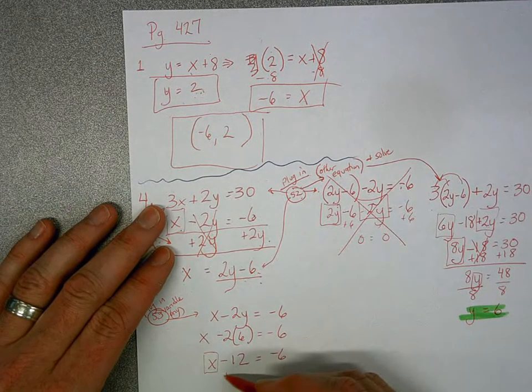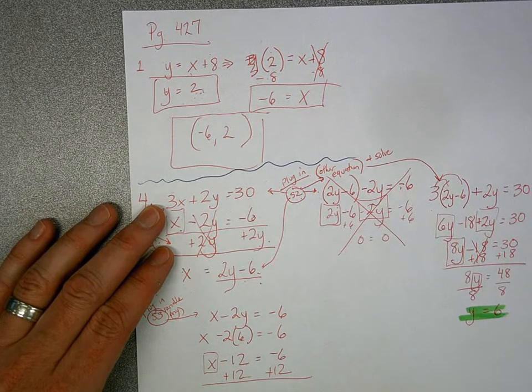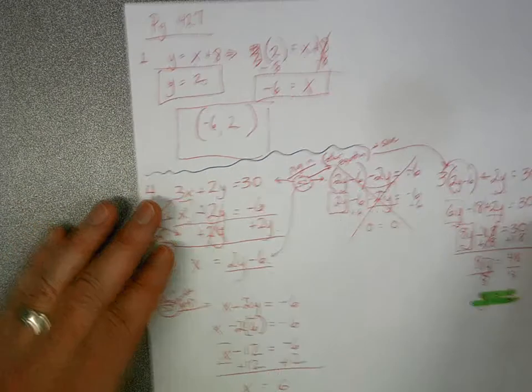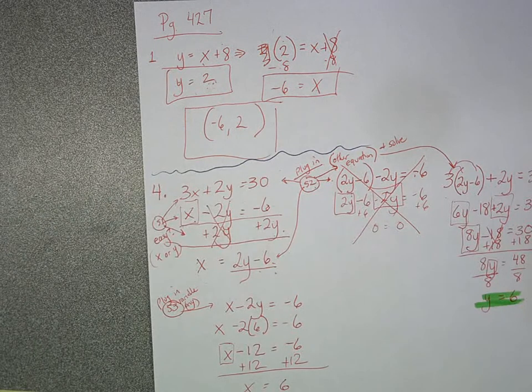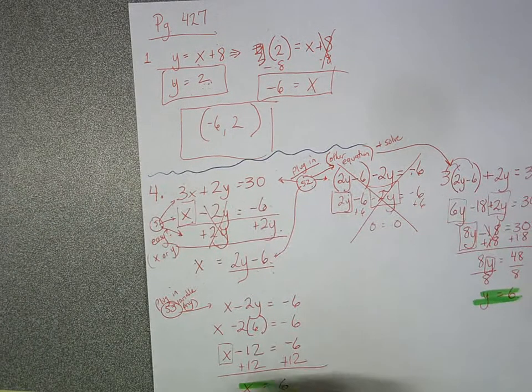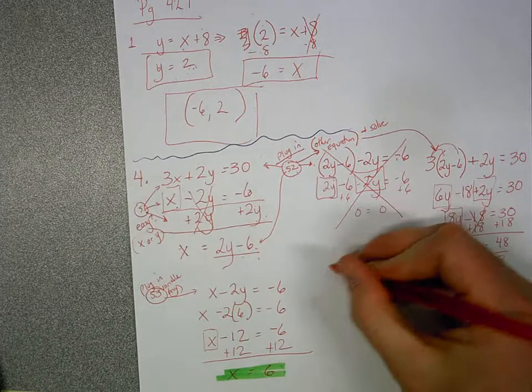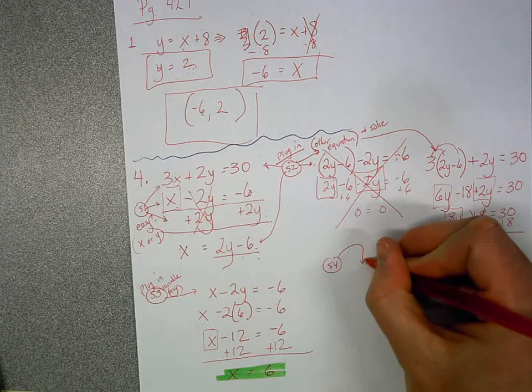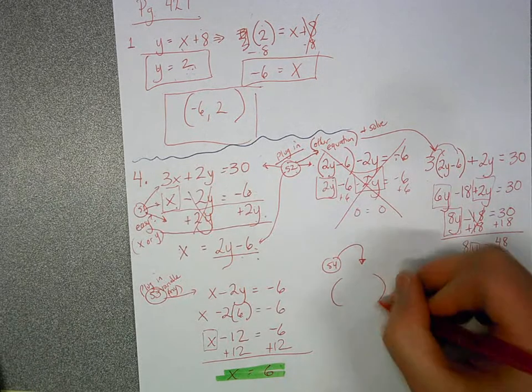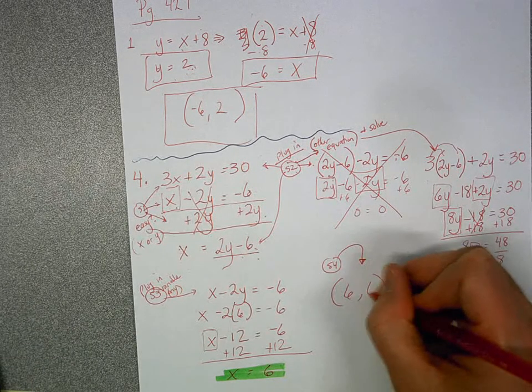So add 12 to both sides, and I get x is equal to 6. Step 4, write your answer, ordered pair. When x is 6, y is 6. And there you go.